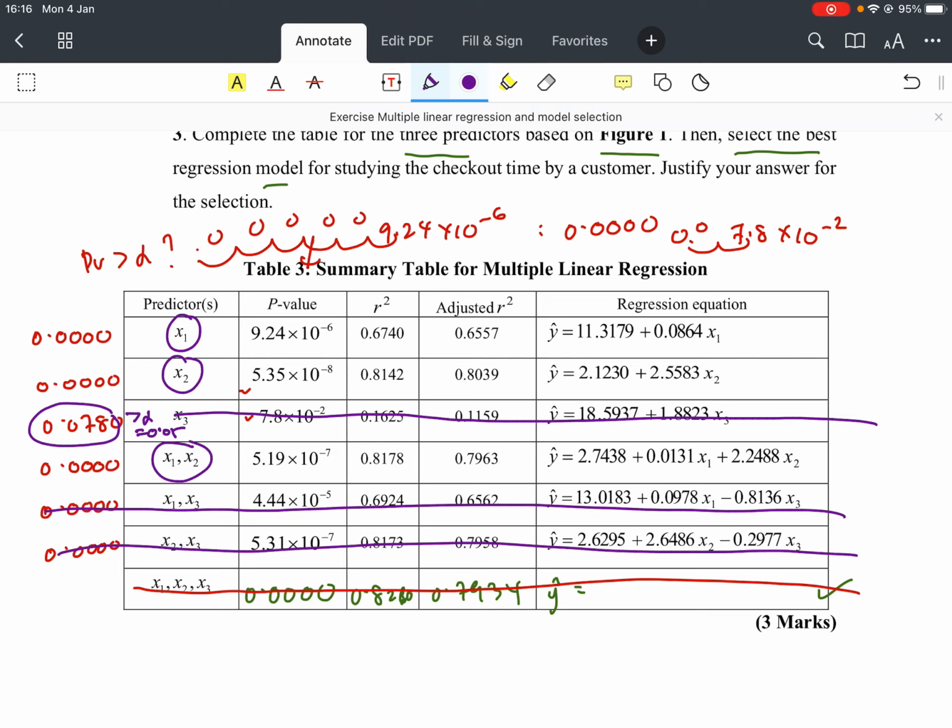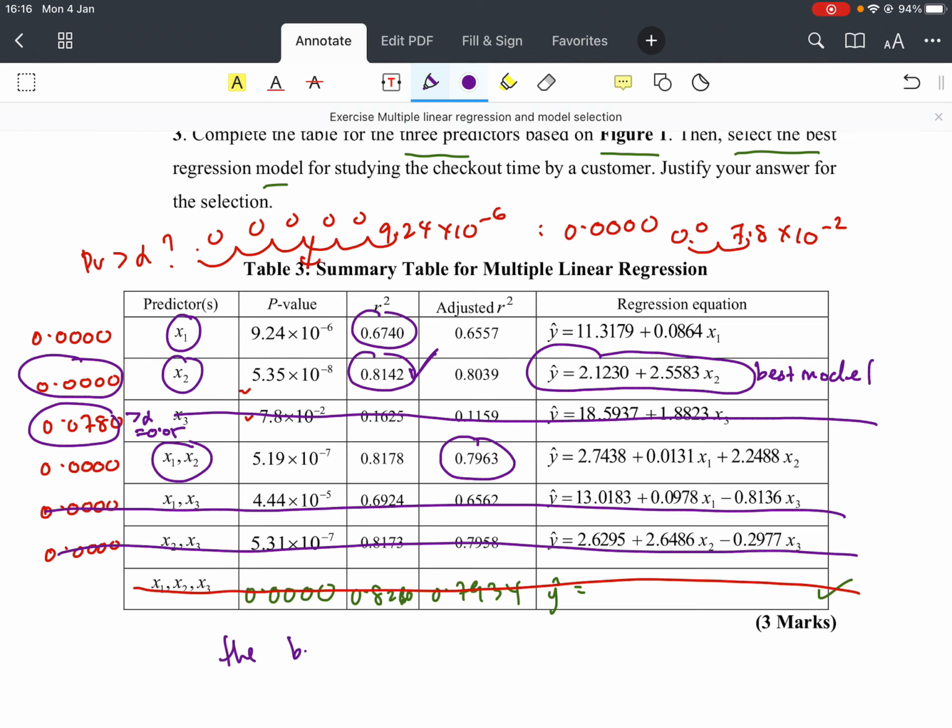So we look at the R square and adjusted R square. Which one gives you the highest coefficient of determination: x1 alone, x2 alone, or x1 with x2? The answer is here: x2 alone. So your best model is this one, because the p-value is smallest and it gives the highest R square.